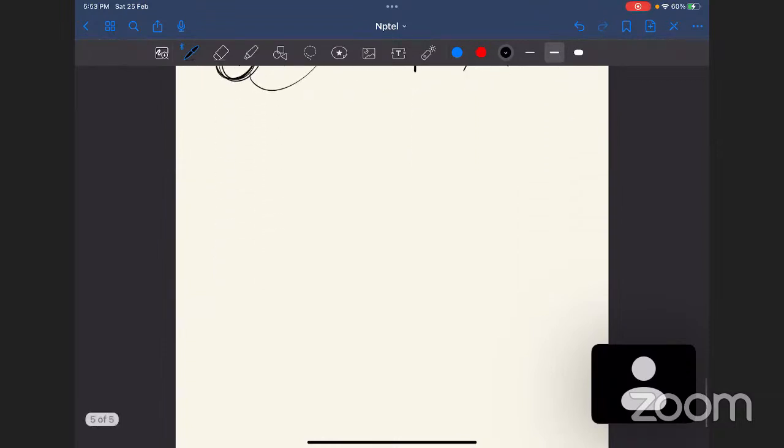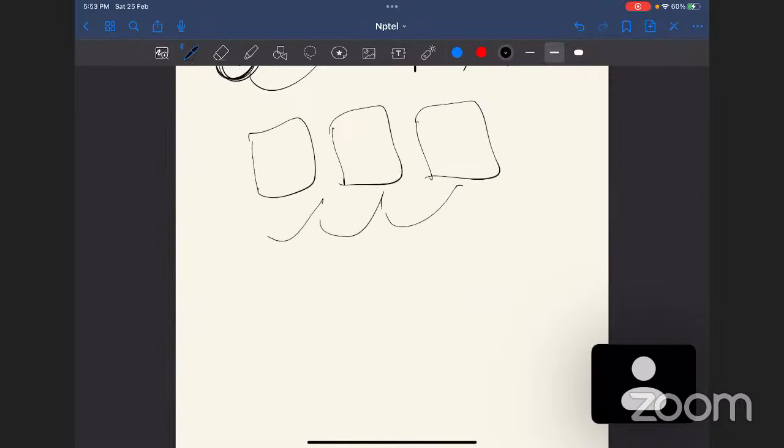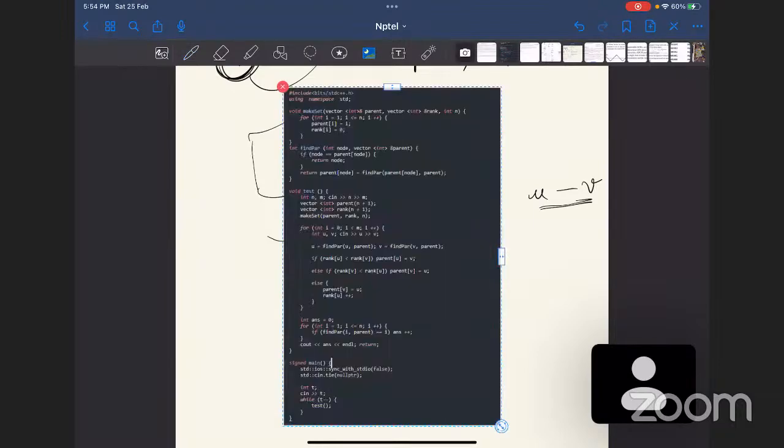So in this question you just need to find the number of connected components. That means you just need to perform the disjoint set union whenever you encounter an edge which is given in the test case. You just need to perform union, and at last whatever number of sets you end with, that is the answer. Okay, so let's jump onto the code.